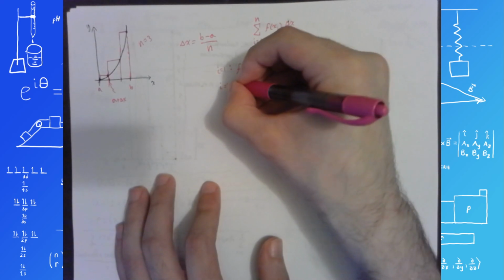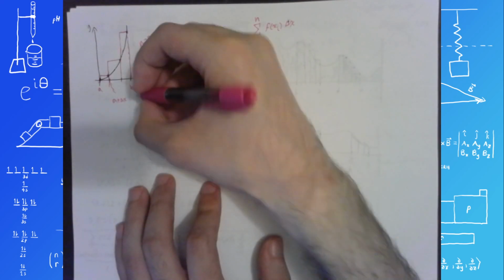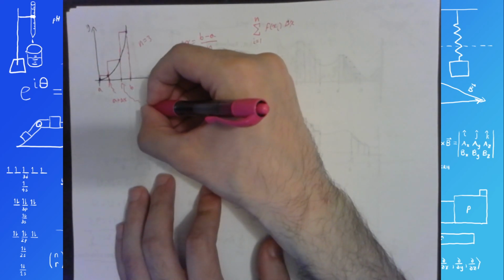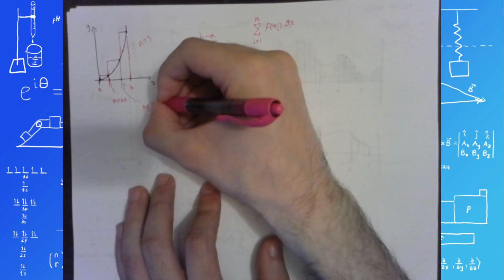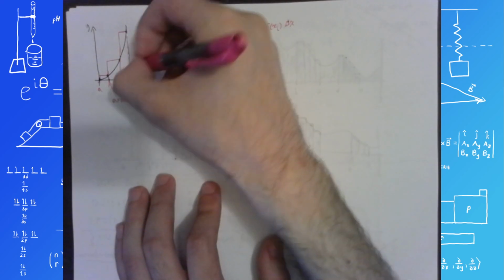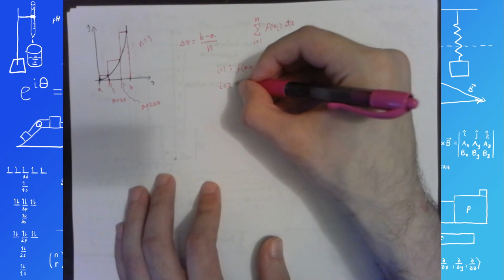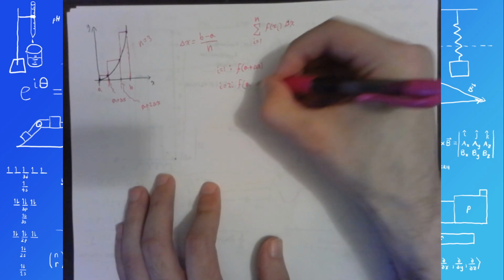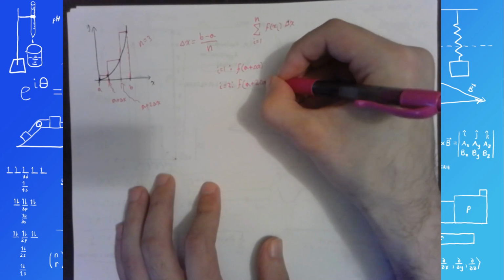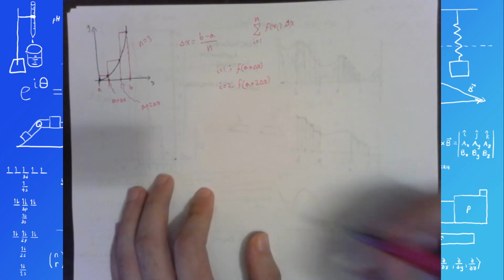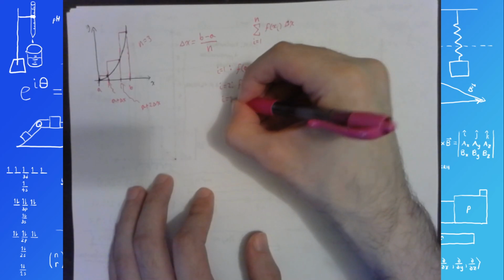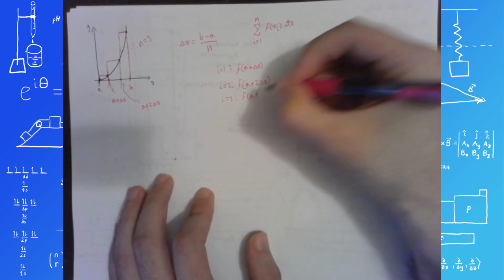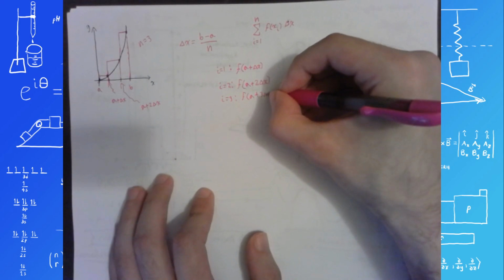When i equals 2 for our second rectangle, the height is 2 delta x away from a. So that's a plus 2 delta x, and the pattern is that when i increases, the number of delta x's that you add to a increases. When i equals 3, the height of the rectangle is f of a plus 3 delta x, and so on.